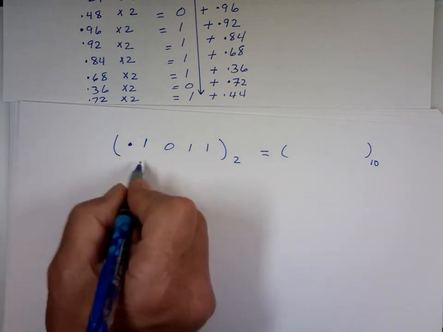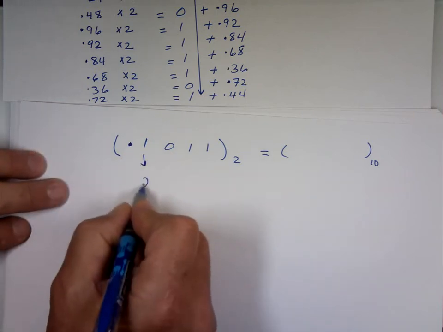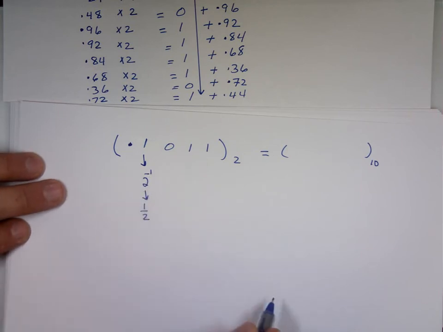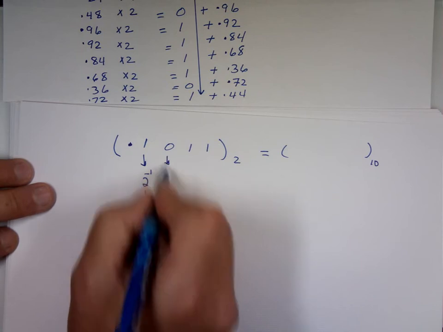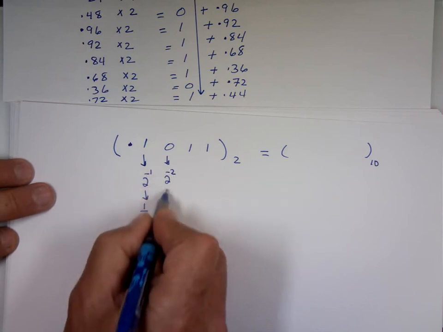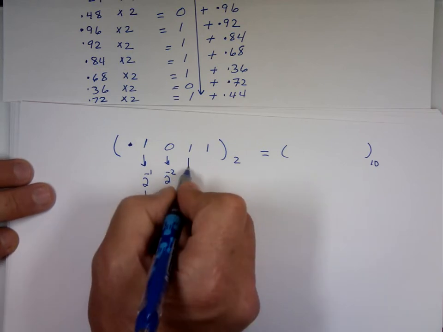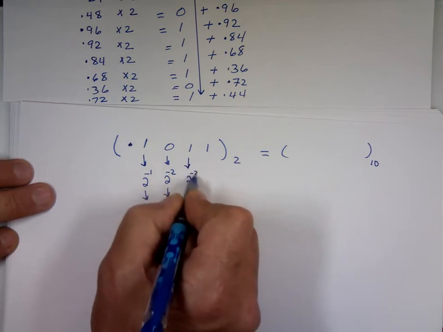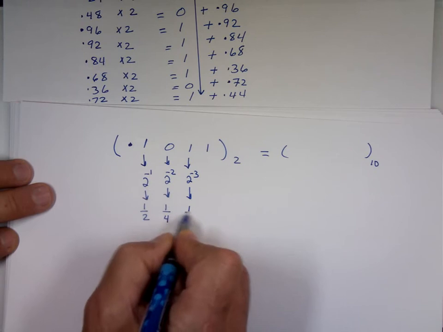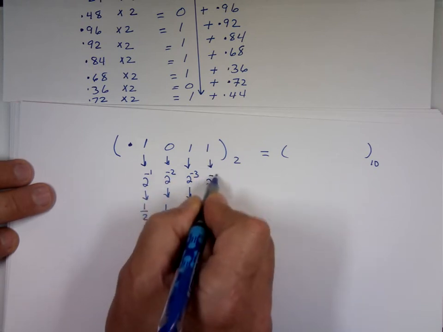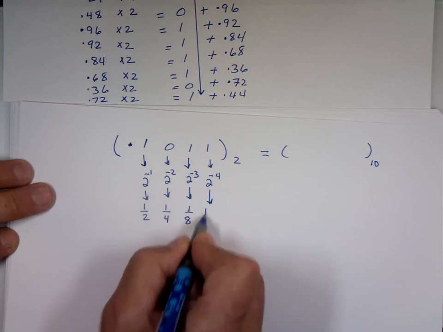This is 2 to the negative 1, which is 1/2. This is 2 to the negative 2, 1/4. This is 2 to the negative 3, 1/8. And this is 2 to the negative 4, 1/16.